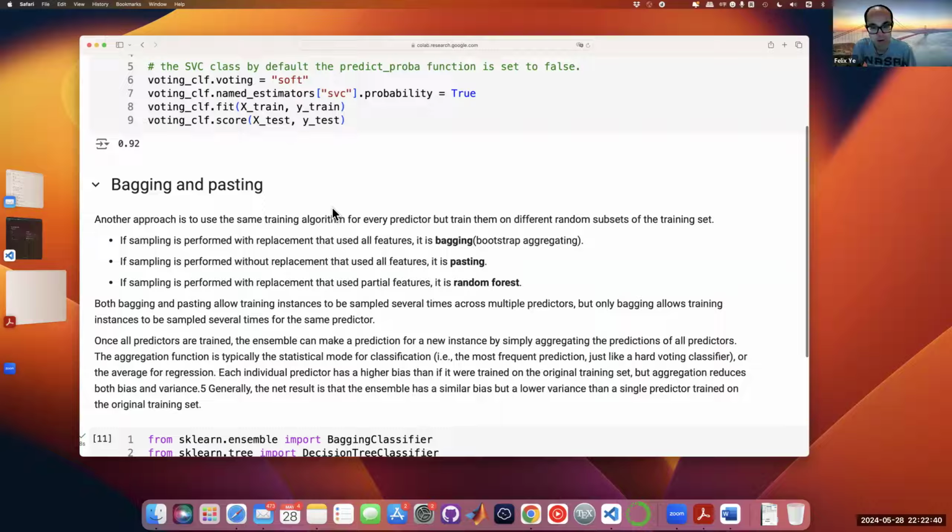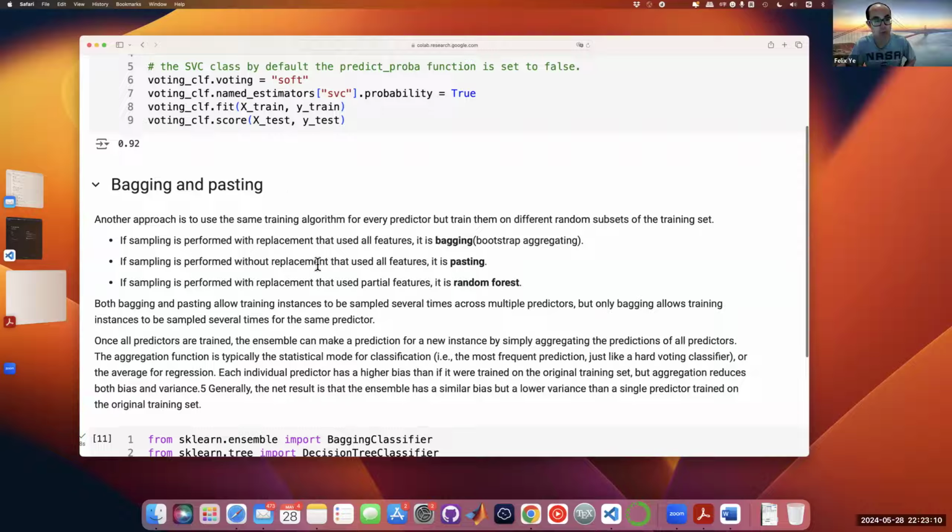This is called bootstrap sampling, sampling with replacement. If we sample those random subsets with replacement and also use all the features, for example if we have D features we use all of them, this is called bagging. Bagging is short for bootstrap aggregation.